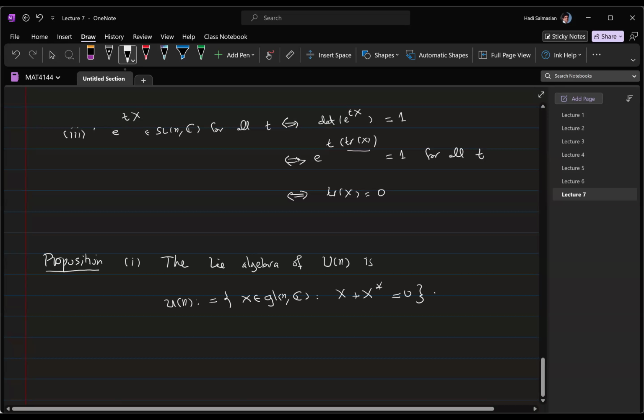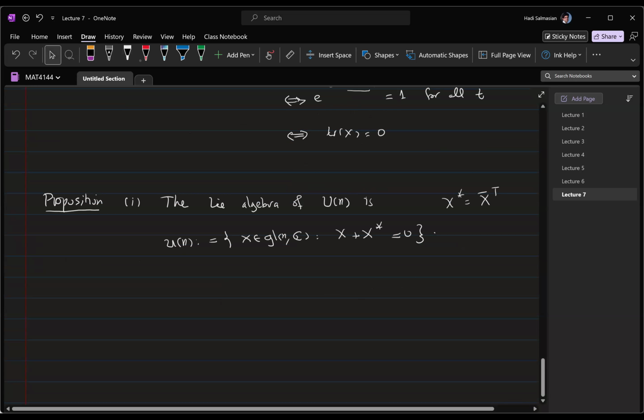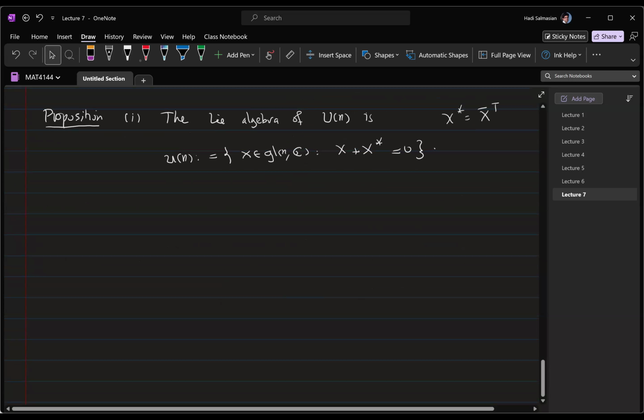X star means bar transpose. And the argument is easy.